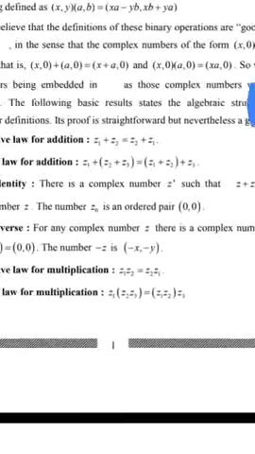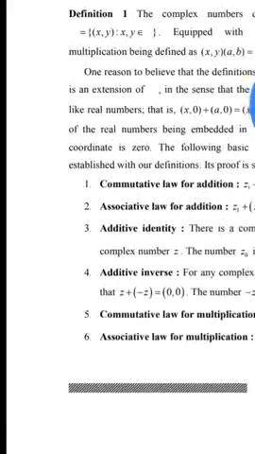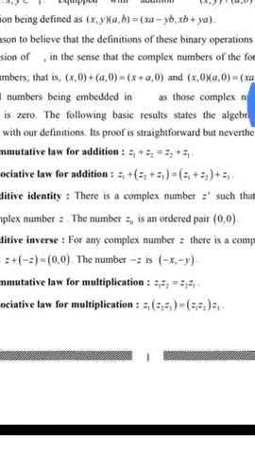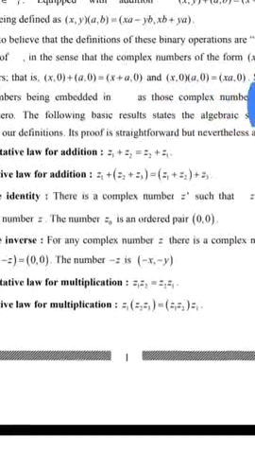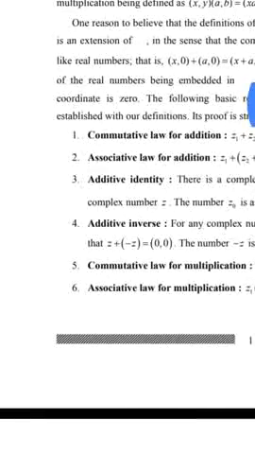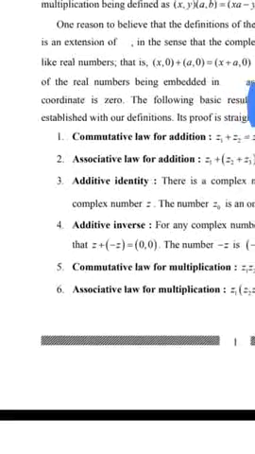So we can think of the real numbers as being embedded in C as those complex numbers whose second coordinate is 0.